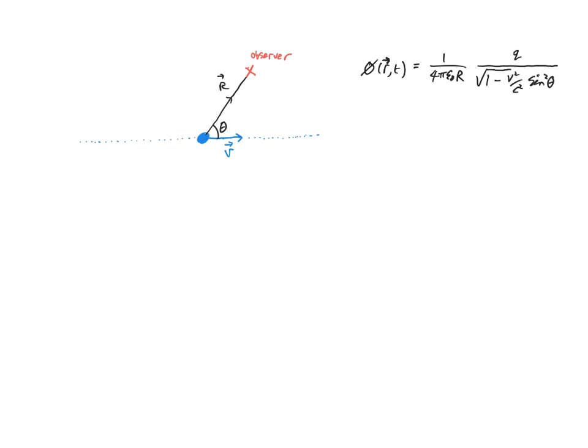That's just coming from the dot product in the previous result. And then, as before, the vector potential at position R and at time t for the observer is just equal, again, to this velocity v divided by c squared times phi of R and t. These are not retarded times.